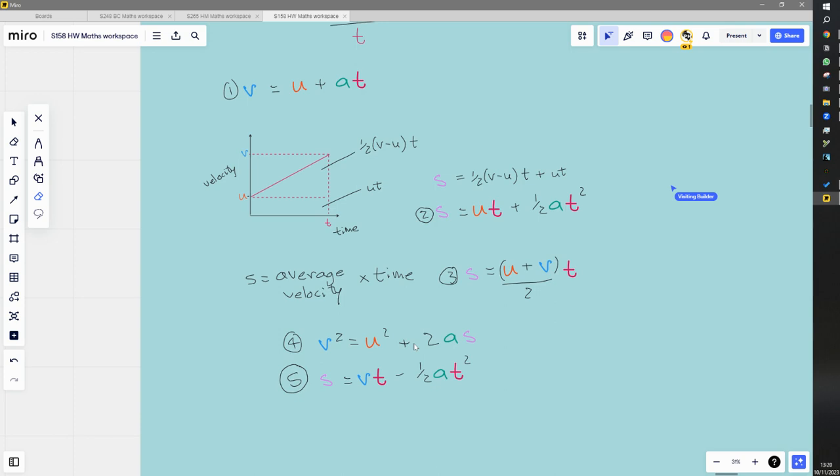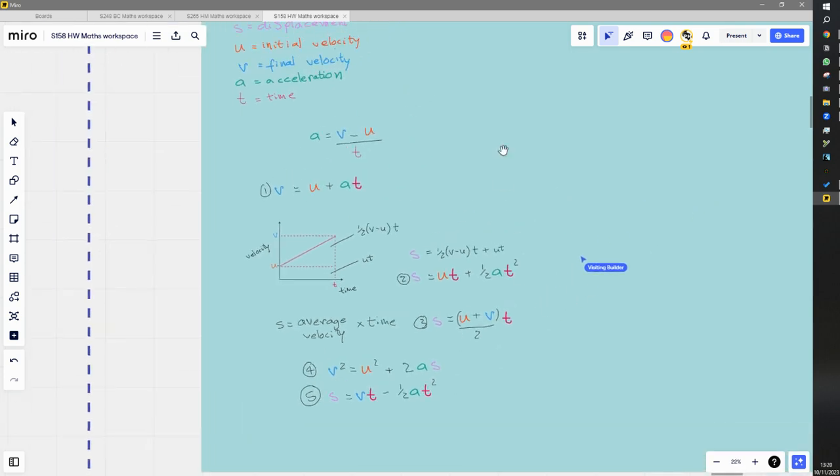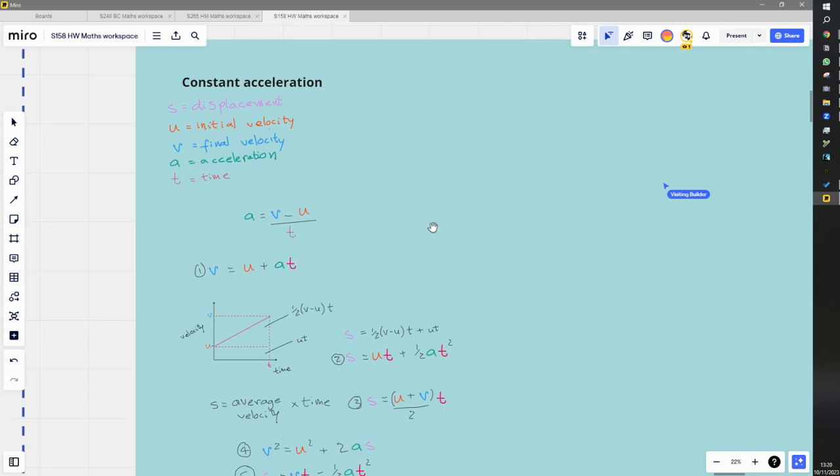So the extra bit that I wanted to make clear in terms of the A-level physics aspect is the idea of using differentiation and integration for that matter. I mean, as we see, the area underneath the graph is equal to the distance. That's what integration is.